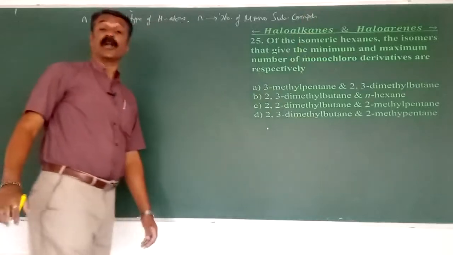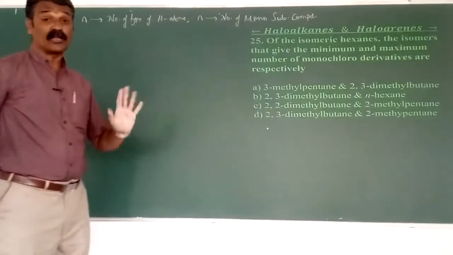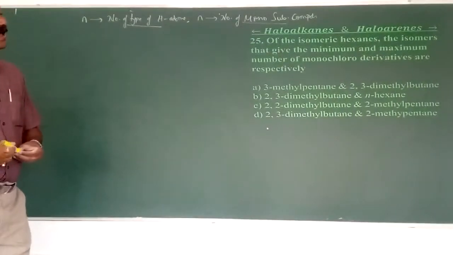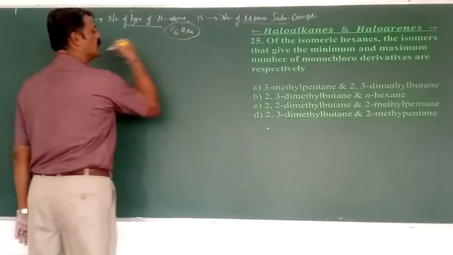Means if any compound contains N number of types of hydrogen, not the number of hydrogens, it is the type of hydrogens, then we get that many mono-substituted compounds. Hexane is C6H14.